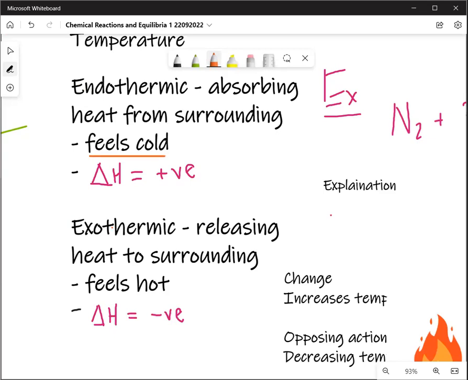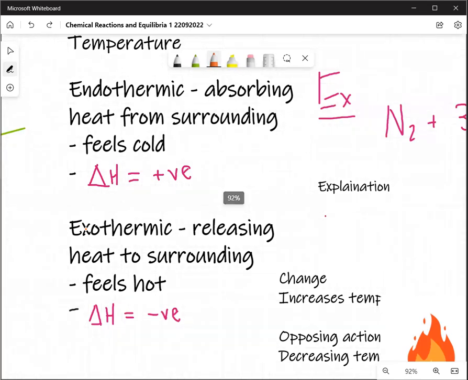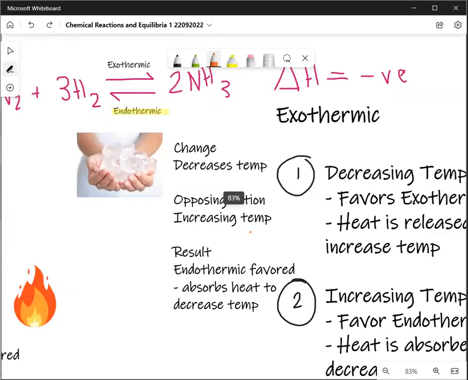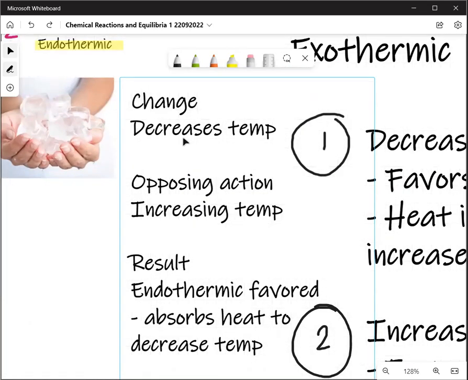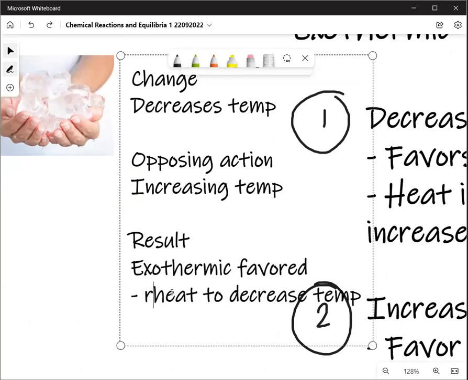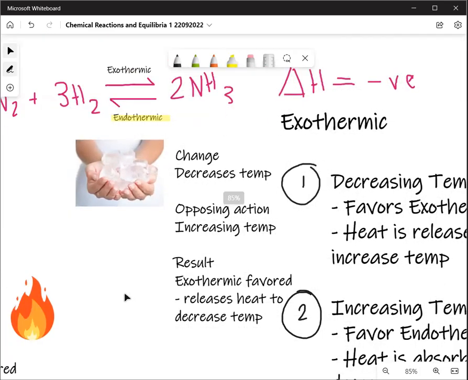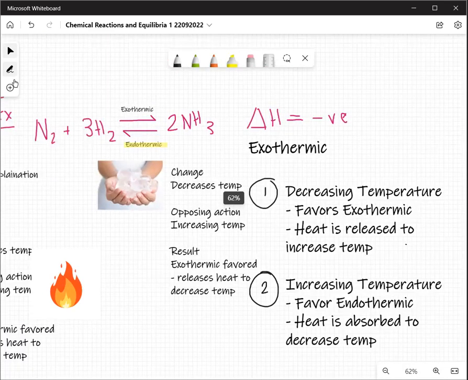Because it feels cold. I want something which will increase the temperature. That means exothermic. Make sense now? So if I decrease temperature, then the reaction will want to increase temperature. How can you do this? By favoring exothermic, which releases heat to the surroundings. Make sense?